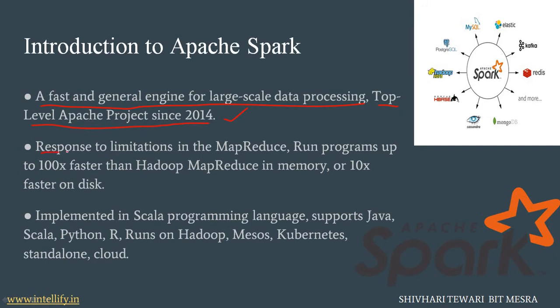As a response to the limitations in MapReduce, Spark runs programs up to 100 times faster than Hadoop MapReduce. Hadoop MapReduce cannot run much faster if we implement it in the computer's memory, the inbuilt memory of a device.